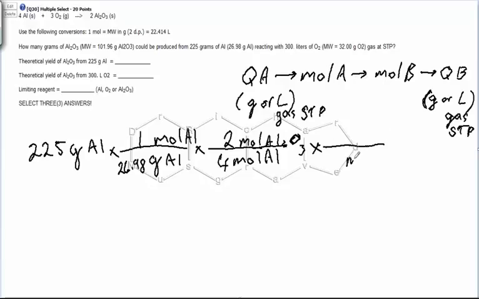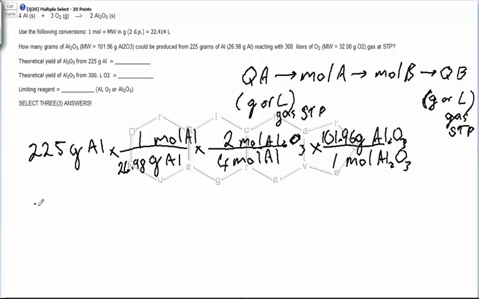Down the bottom we'll have moles of Al2O3, and here we'll have grams of Al2O3. The molecular weight of this goes up here, and that's 101.96 grams of Al2O3, and that equals 1 mole of Al2O3. What that's going to do is give us a gram amount of Al2O3.